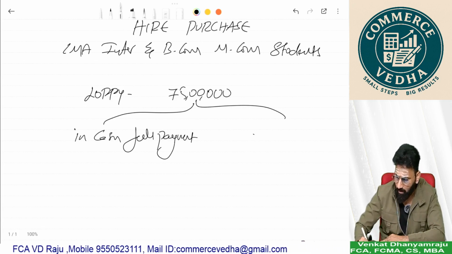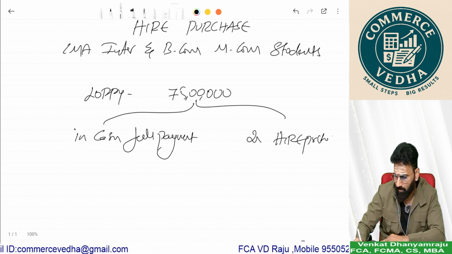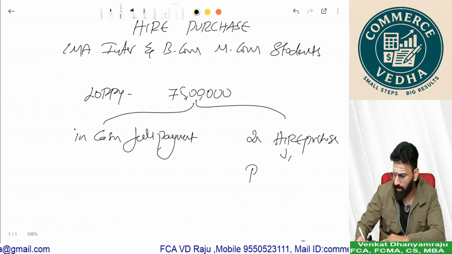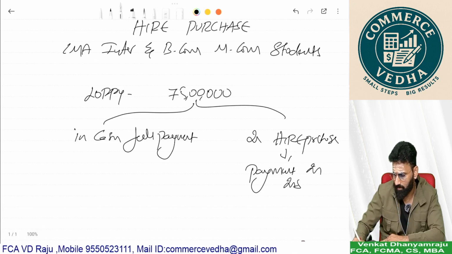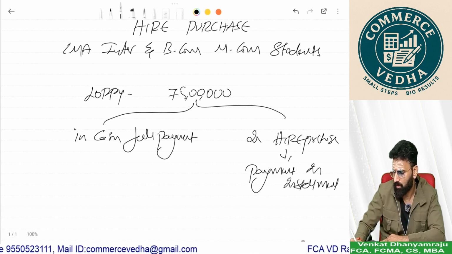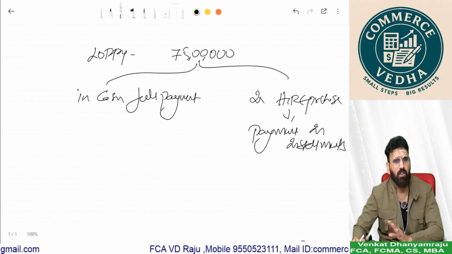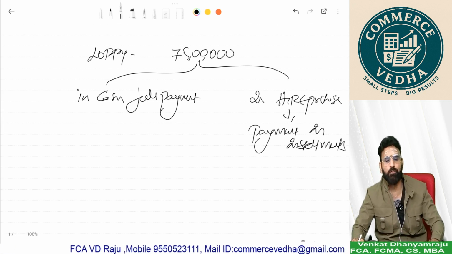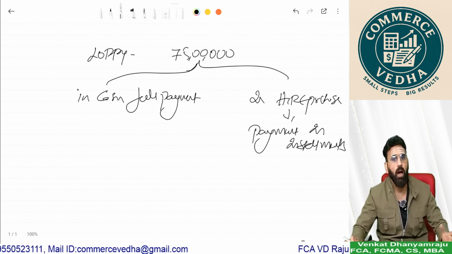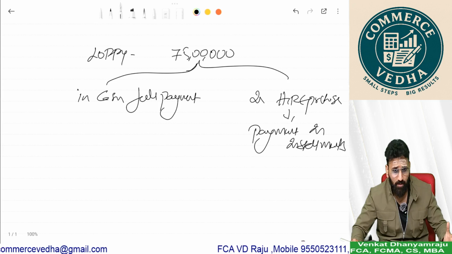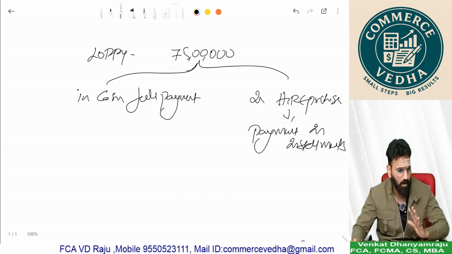Second one is in hire purchase system, payment in installments. It doesn't mean it is installment purchase. Installment purchase generally applicable to consumer goods, whereas hire purchase applicable to goods such as cars, lorries, trucks, cranes. Heavy goods. Hire purchase applicable.